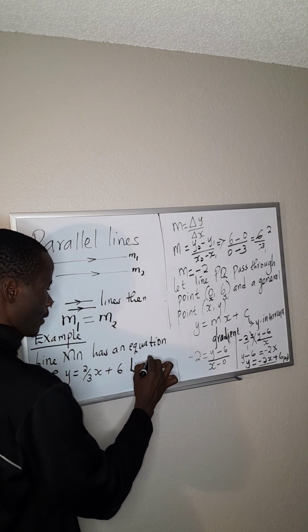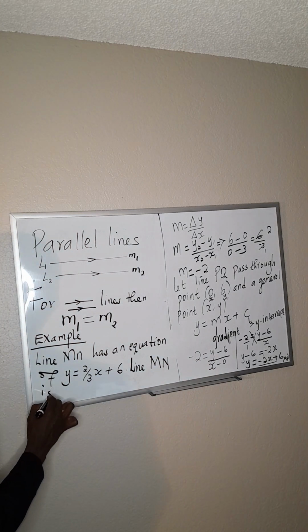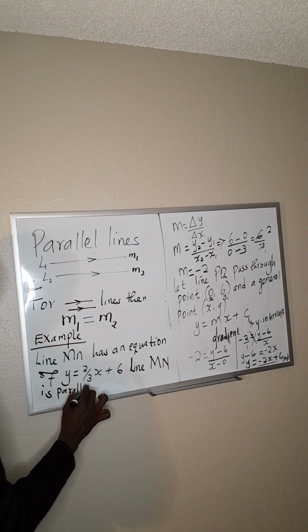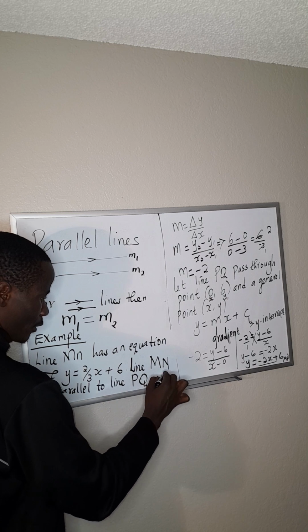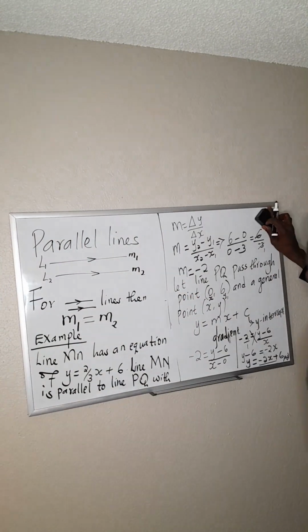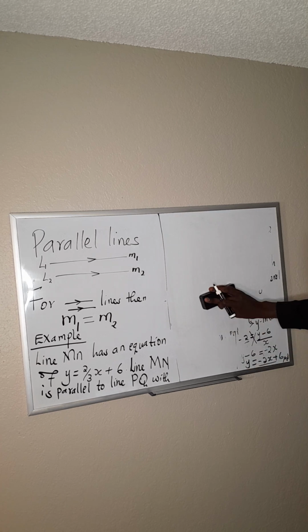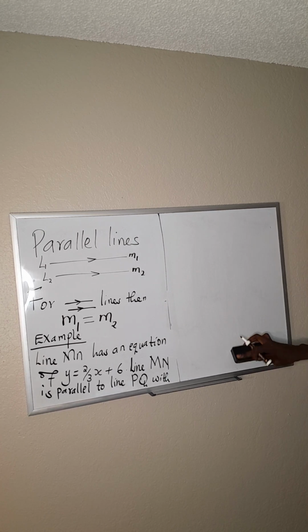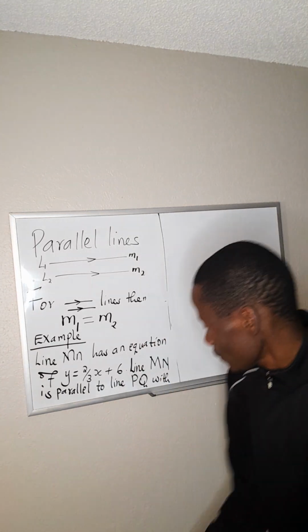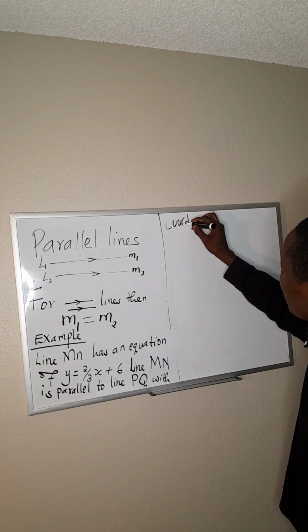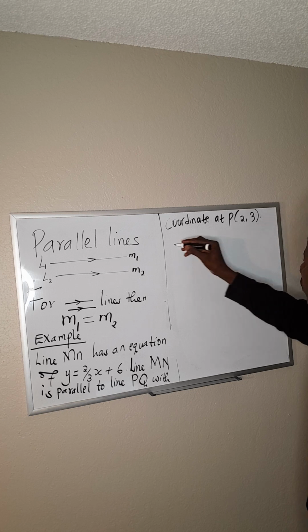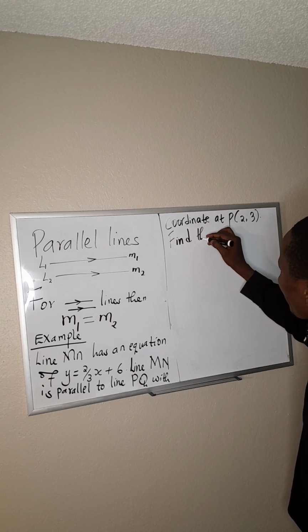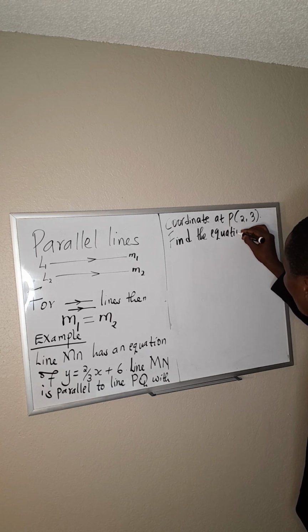Line MN is parallel to line PQ, with coordinate at P (2, 3). Find the equation of line PQ.